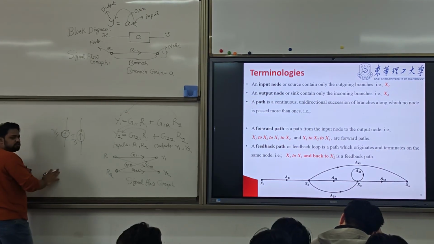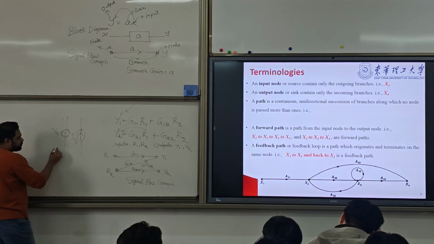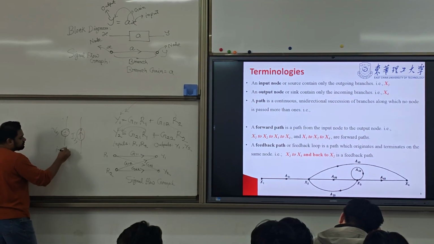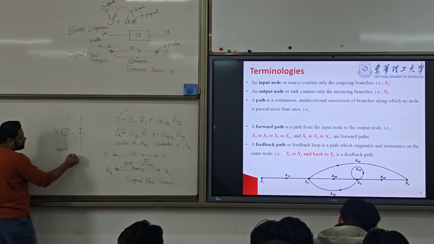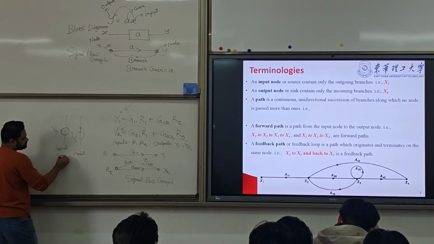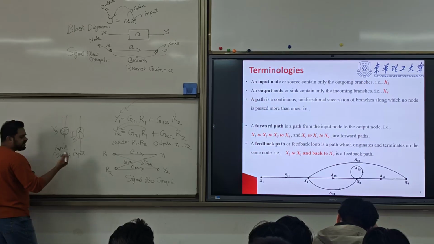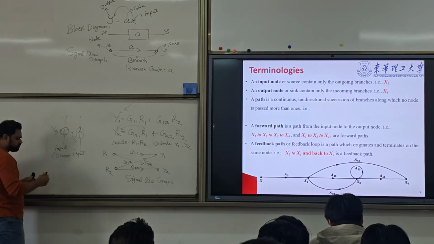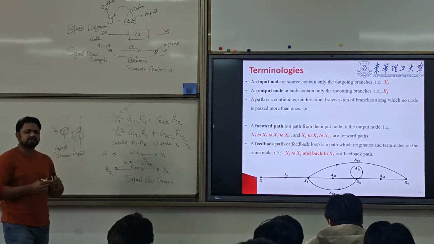This is called the source in electronics. Voltage input, current input. These are called source. Electrical source, mechanical source, any sources. So all the sources are input.